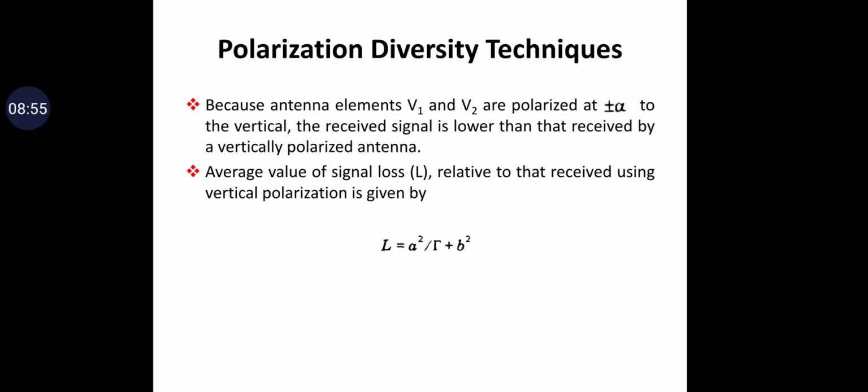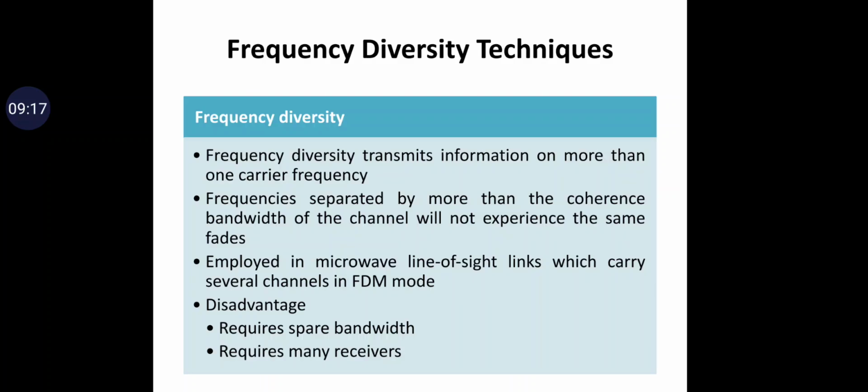Because antenna elements V1 and V2 are polarized at plus or minus alpha to the vertical, the received signal is lower than that received by a vertically polarized antenna. The average value of signal loss L relative to that received using the vertically polarized antenna is given by capital L. The equation is given.